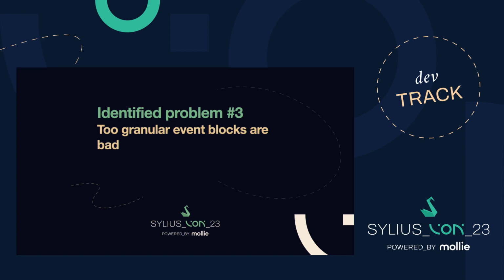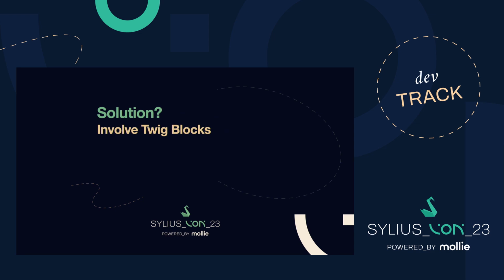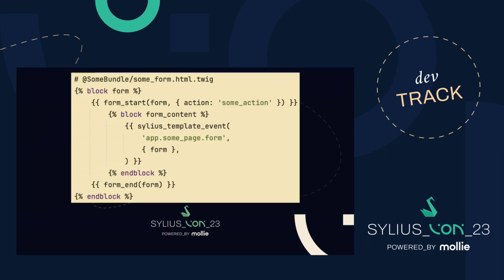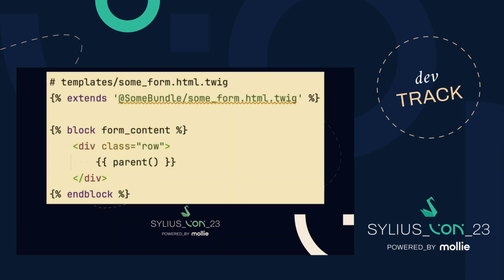And I identified problem number 3, which is too granular event blocks are bad, and I provided a solution involving Twig blocks. I took the old form, and I put block form above the form start, and another block form content inside the form. Now I can extend this template, and I can override only the part I want.